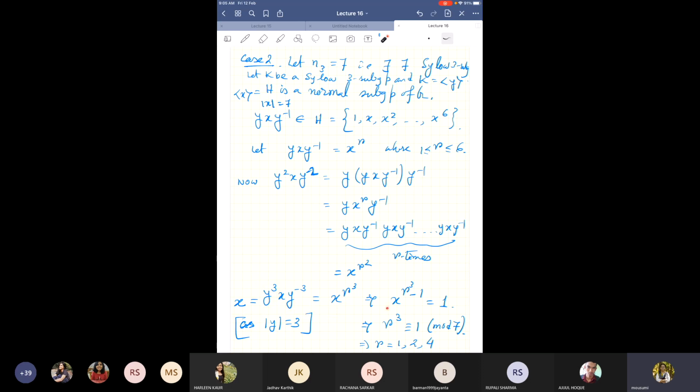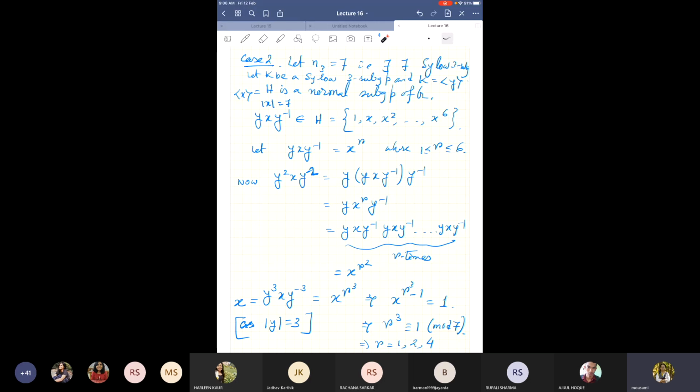Therefore, I am getting this equation which is satisfied by x. That means which powers of r will appear here? Those powers which satisfy this condition. Is this clear? Yes, ma'am. Okay, so that means I need to satisfy this equation: r cube is congruent to 1 mod 7.